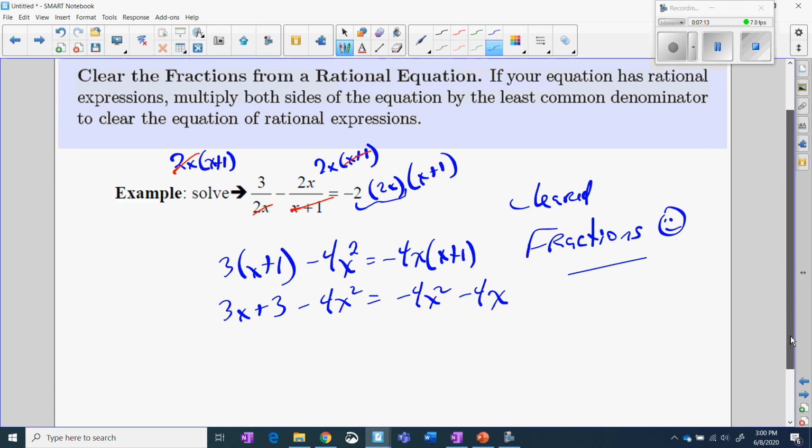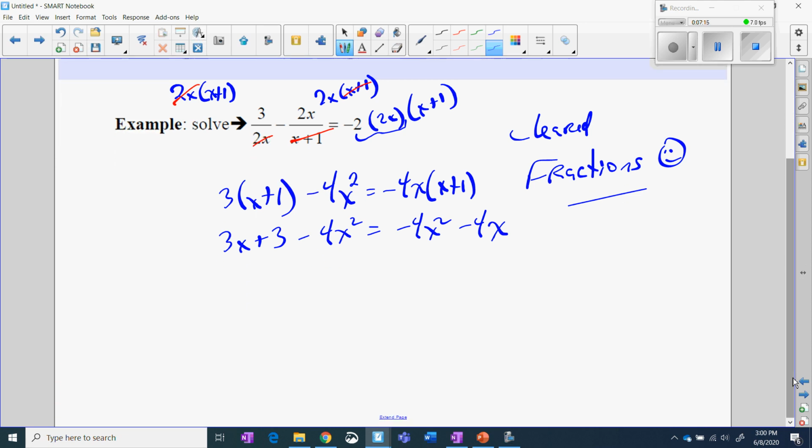Nice thing here is, it's quadratic, so we're going to get everything on one side and make it equal 0. Usually we try and move it so the x squared ends up positive. Even better here, when you go to move these, they're going to wipe each other out. So the x squareds are gone because we have negative 4x squared plus 4x squared.